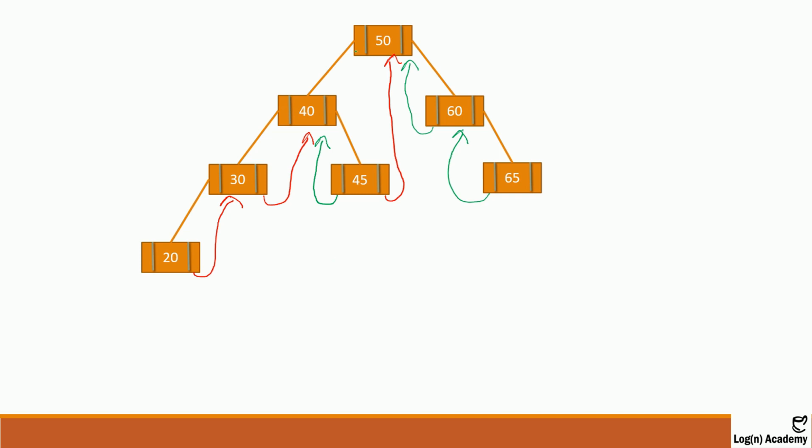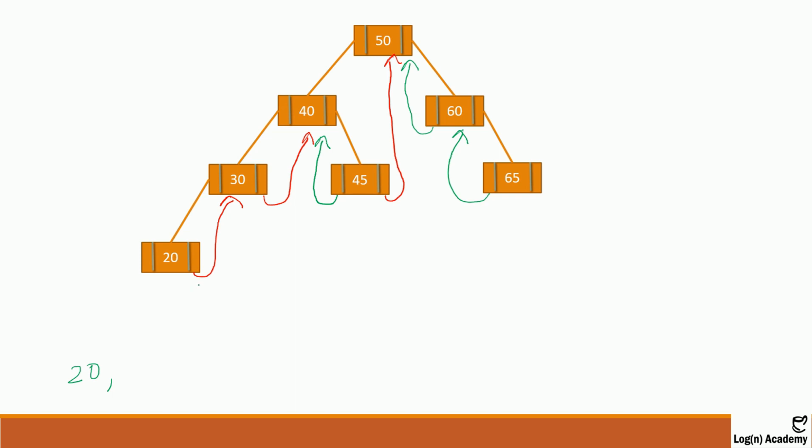I'll start from 50. I'll come back to the 20, and first I will traverse 20. Then I'll check: does it have a right pointer? If it contains the right pointer, then I will check is this the threaded pointer or the normal pointer?